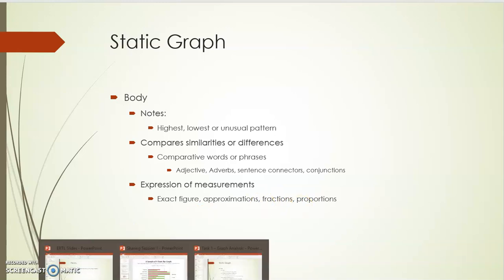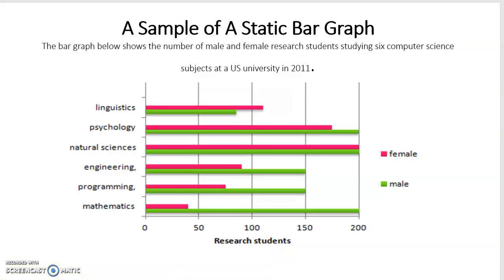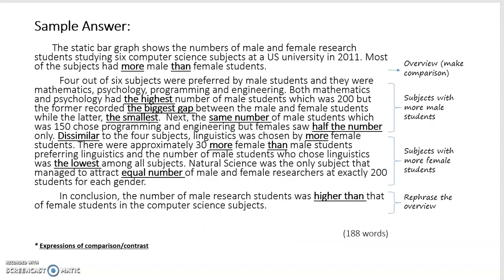Let's look at an example of an analysis. Again, this is the graph. It starts with 4 out of 6 subjects were preferred by males, and they were mathematics, psychology, programming, and engineering. So this is a detailed explanation of the overview just now. Both mathematics and psychology had the highest numbers.